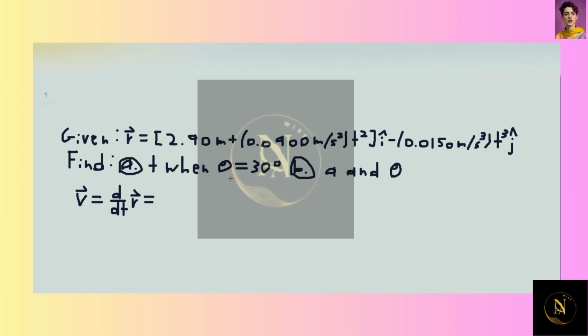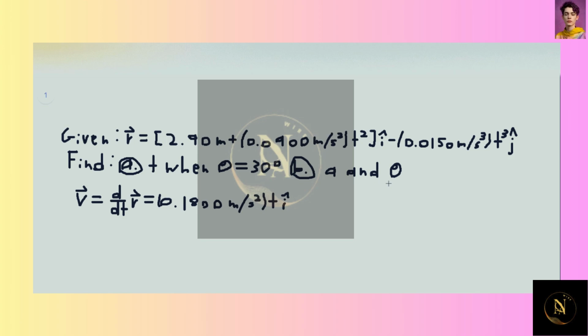That's going to give us 0.1800 meters per second squared times t. So all I'm doing is taking the derivative of the i hat part here. This is the x direction.